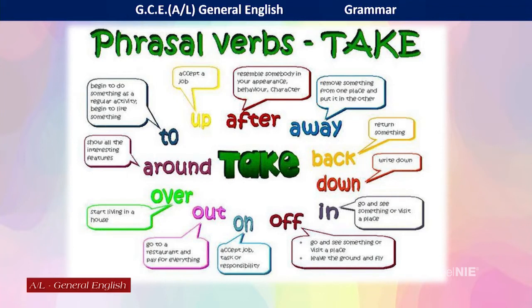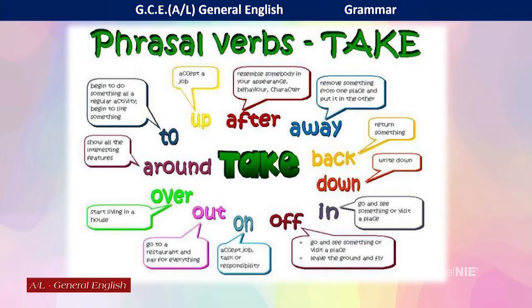Take off, leave the ground and fly. Take on, accept a job, task or responsibility. Take out, go to a restaurant and pay for everything. Take over, start living in a house.